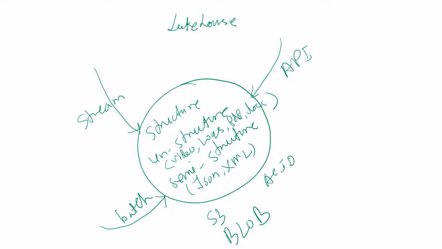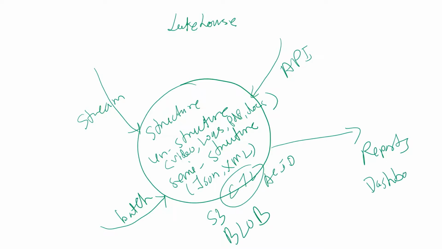So the advantage here is that we can perform any kind of ETL here, right? Someone is interested in the report, we can hook the reports, we can generate reports, we can create dashboards. If a data science team is there, we can share data with them without replicating the data.